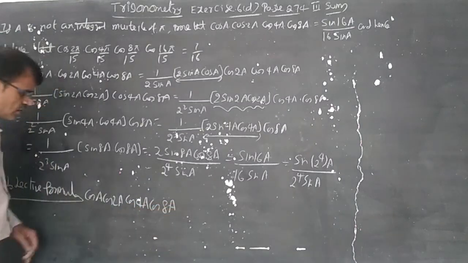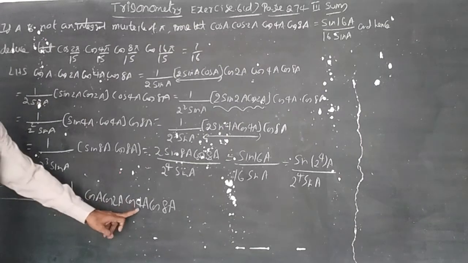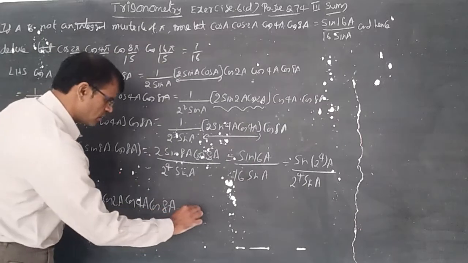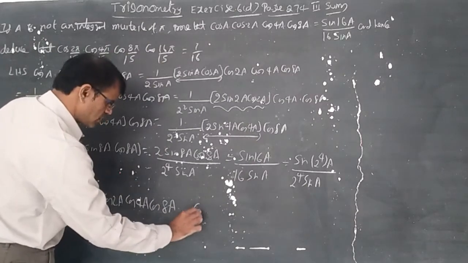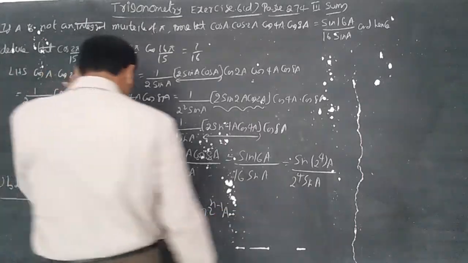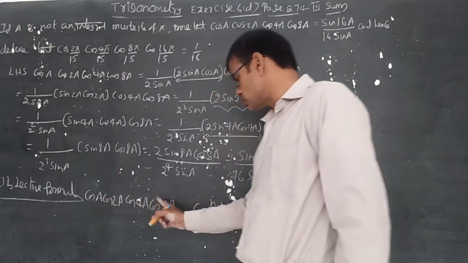So what is happening? It started with A, so it is 2 power 0, 2 power 1, 2 power 2, 2 power 3, and so on. Cos of 2 power n minus 1 into A.